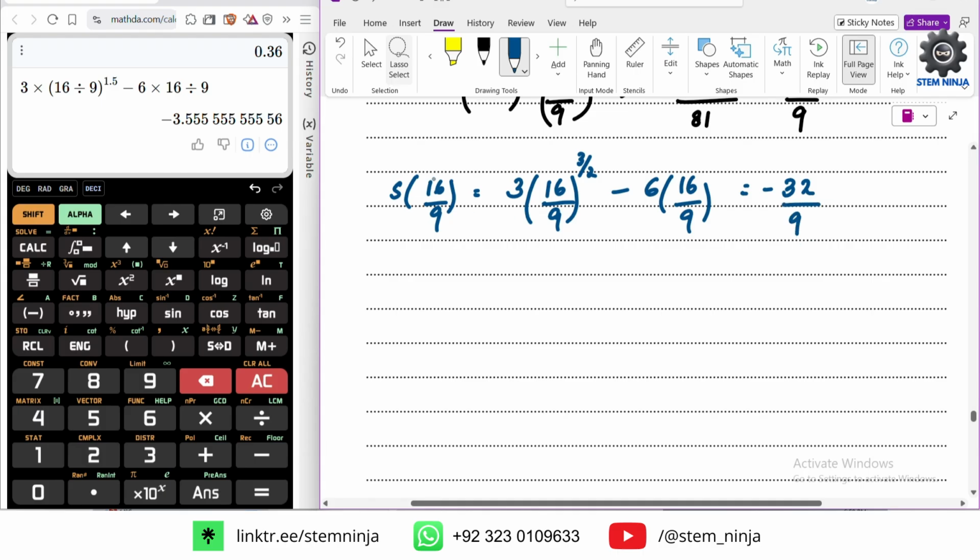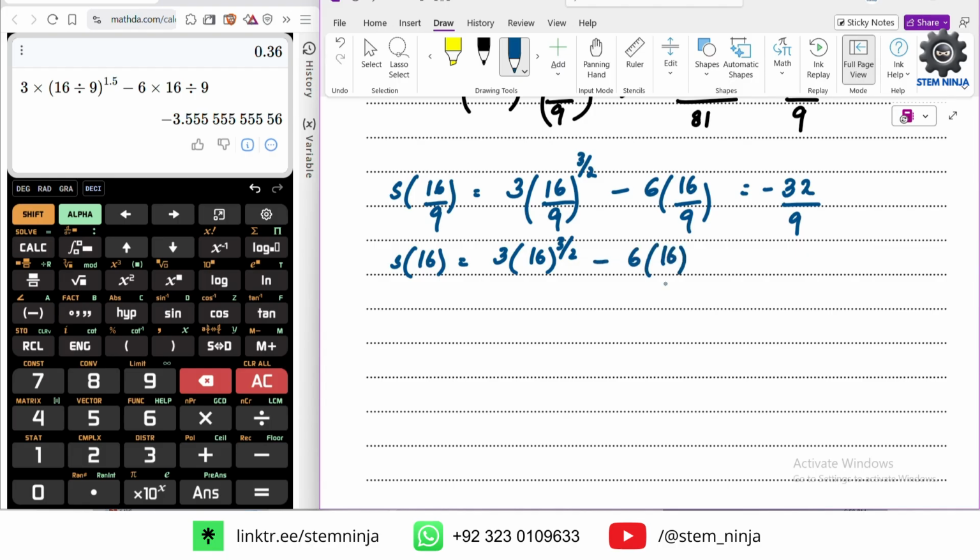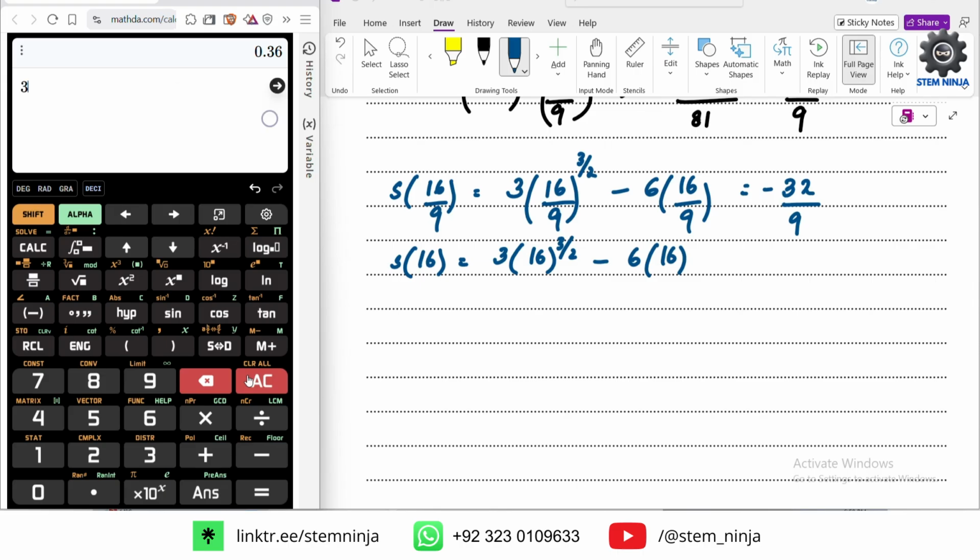Then from 16 over 9 to 16, we can figure out the total net displacement. This would be 3t to the 3 over 2, minus 6t at 16, so 3 times 16 raised to power 1.5 minus 6 times 16.